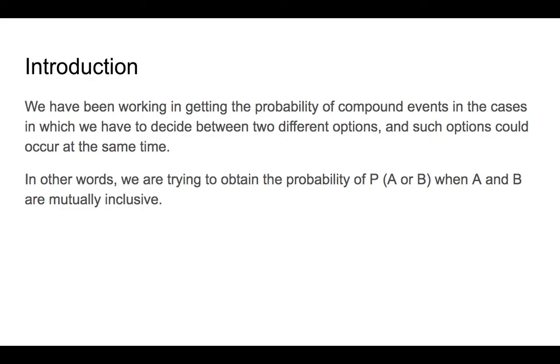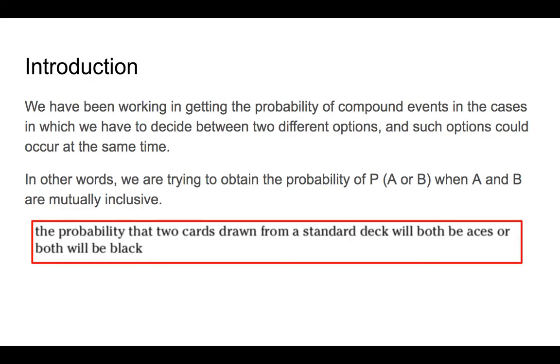And this means that in a problem we're trying to obtain the probability of A or B, that one characteristic happens or another thing happens, but the two can happen at the same time. And this is what I mean.